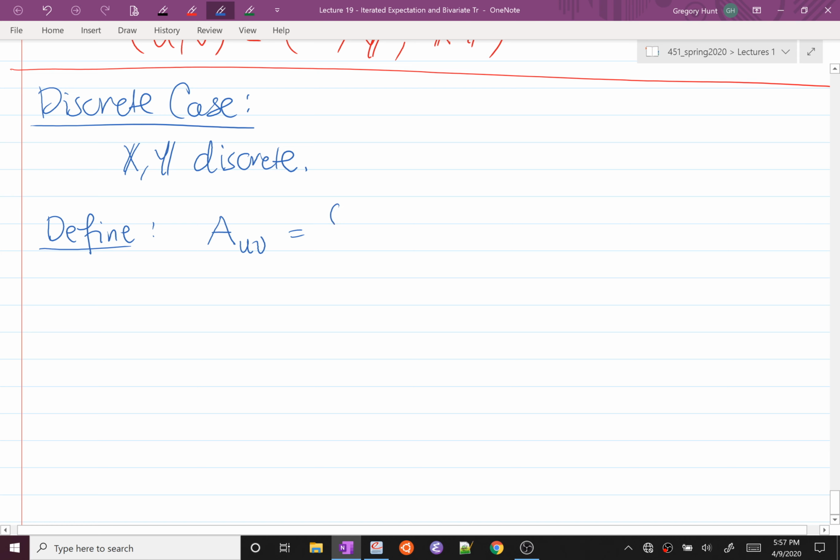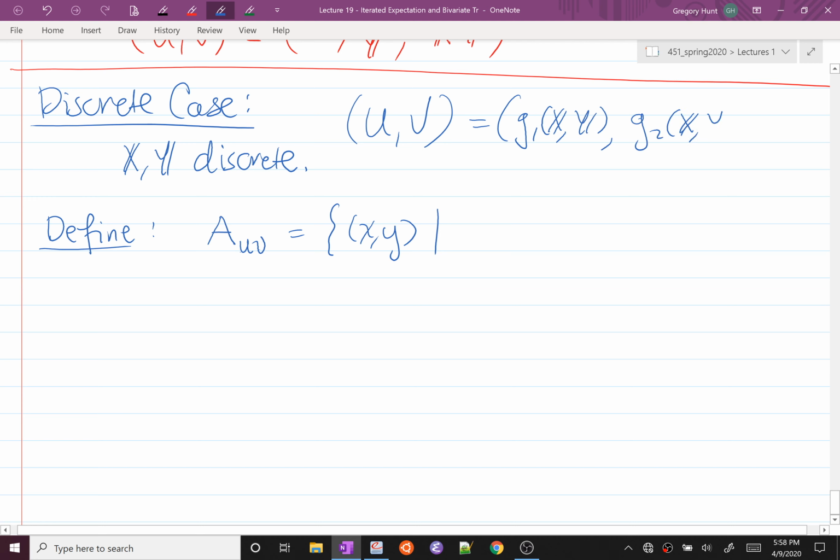And A sub uv is going to be the set of all pairs x and y such that when I map them under my transformation, I get u comma v. So if my transformation is u v is g1 of xy, comma g2 of xy, so that is u is g1 of xy, v is some other g2 of xy.